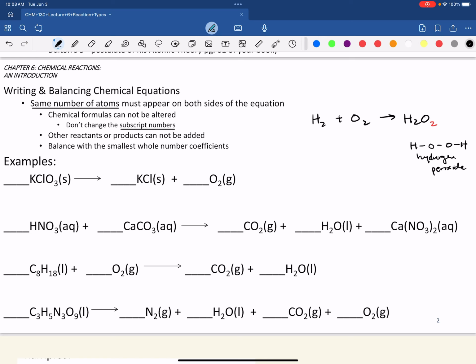And so you cannot just write a 2 right here and just say, oh, it's balanced. Because the moment you change the subscript, you change the formula. And the moment you change the formula, you change the identity of the substance. The substance is no longer the same.